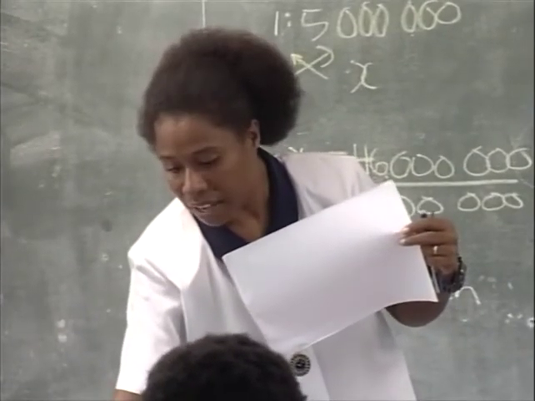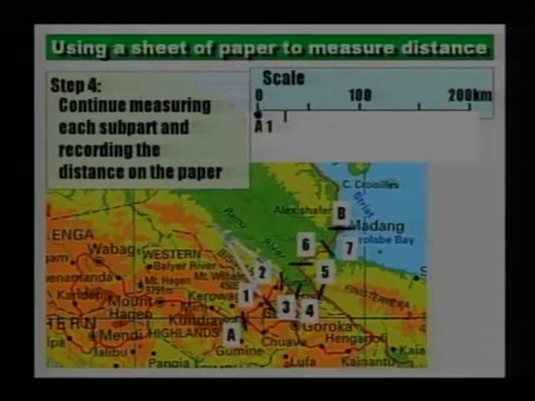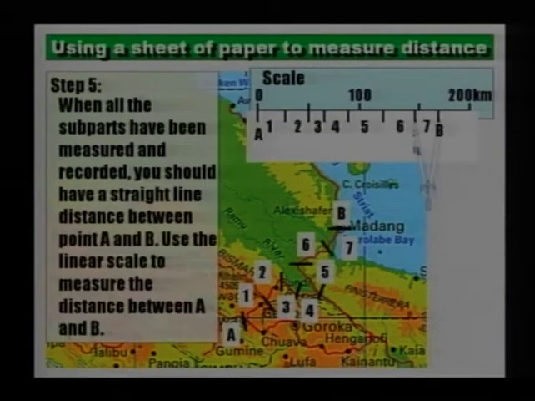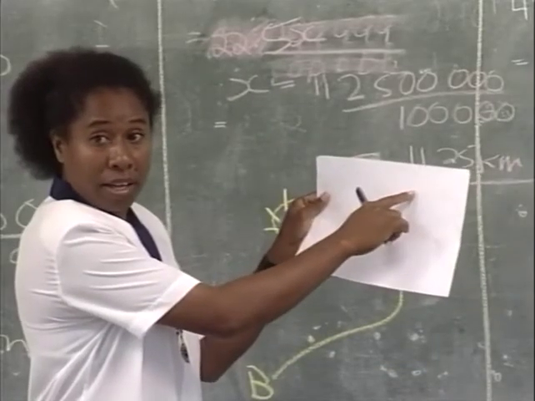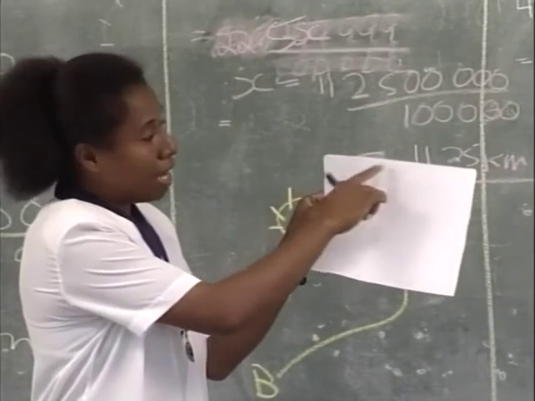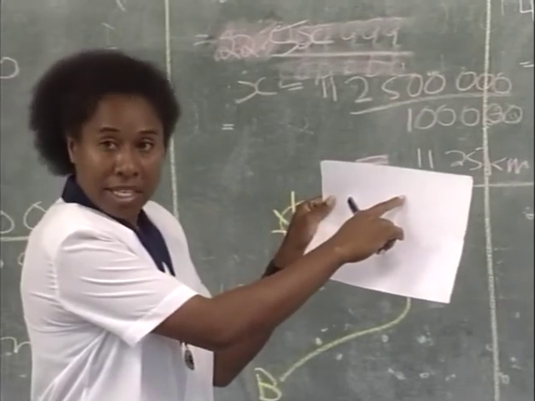Okay, and once I've done that for the whole 7 subpaths, the next thing I will do is check the scale of the map. And once I know the scale of the map, I could do what we have done here by picking up the ruler and measuring the length on the piece of paper, and finding out what my measurements will be in centimeters.